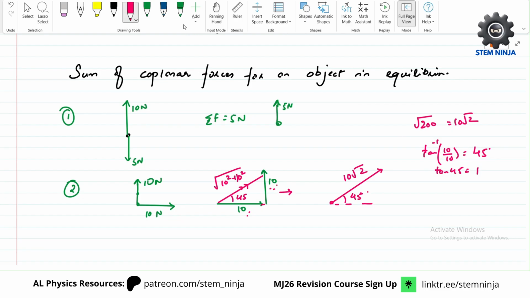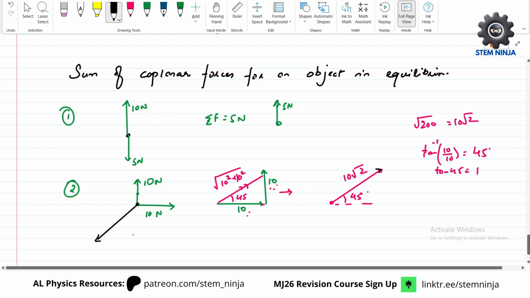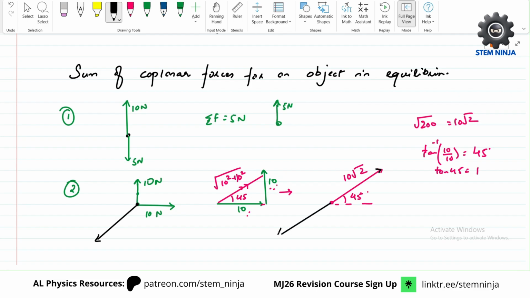Now, what if instead we provide a negative of this force in the original system? So if we provide the negative of this force, exactly opposite, it would be at 45 degrees in this direction and having the same magnitude.